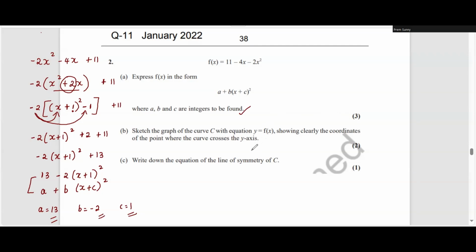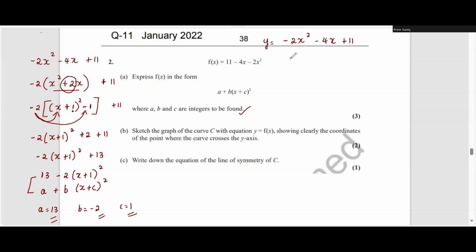Now sketch the graph of the curve C with equation y equals f of x, showing clearly the coordinates of the point where the curve crosses the y-axis. In order to sketch, we know that we need the y-intercept, x-intercept, and the turning point. So the function here is y equals minus 2x squared minus 4x plus 11.